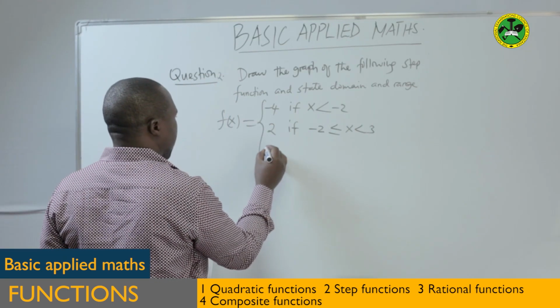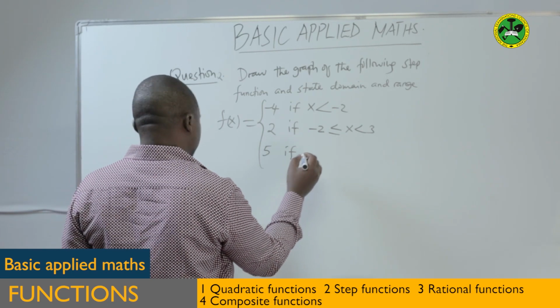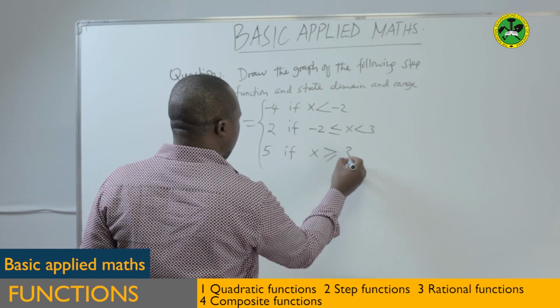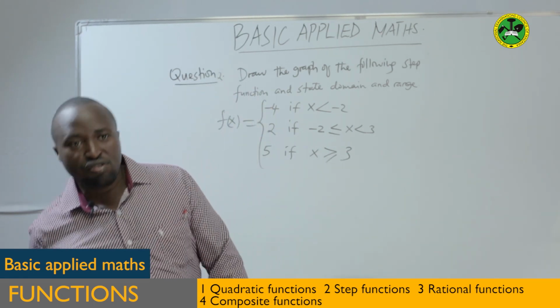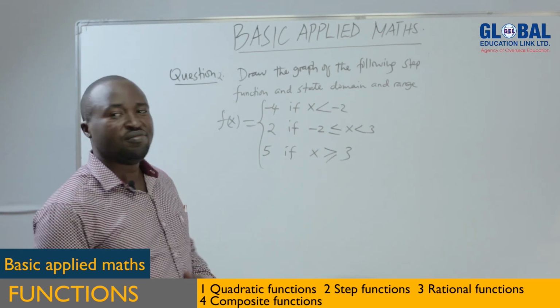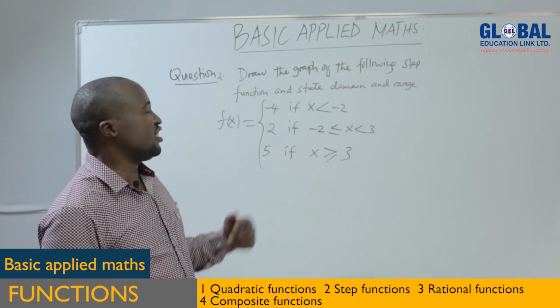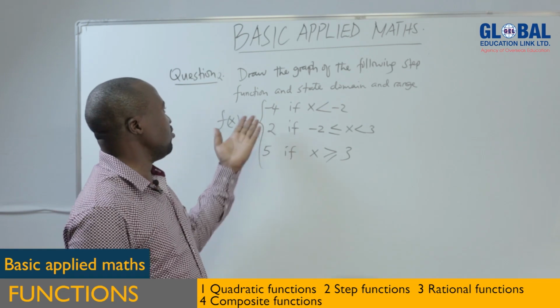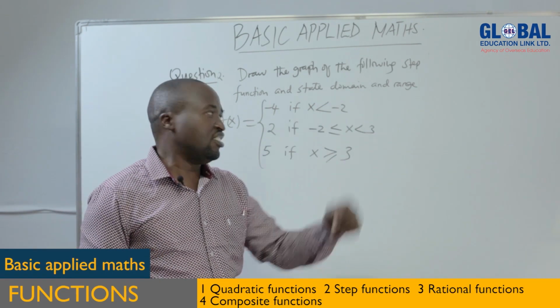And the last one is 5 if x is greater than or equal to 3. So, my dear student, you have the step function, and they need us to draw the graph followed by stating the domain and the range.